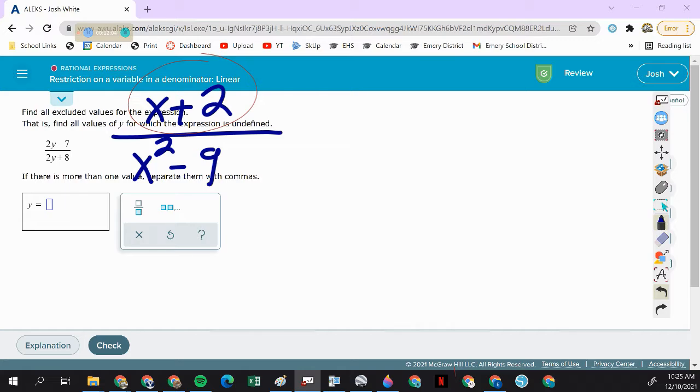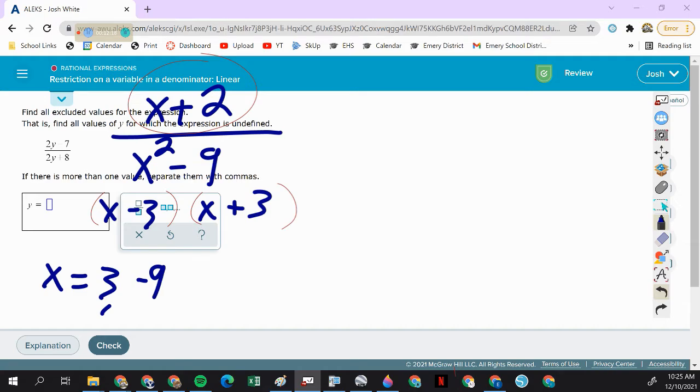So if I factor this, what do I get? X minus 3 and x plus 3. So which numbers are not allowed? 3 and negative 3. Whoa. I said 3 and I wrote 9.